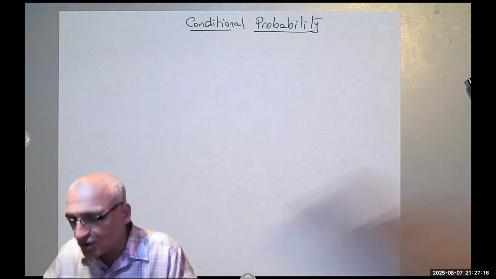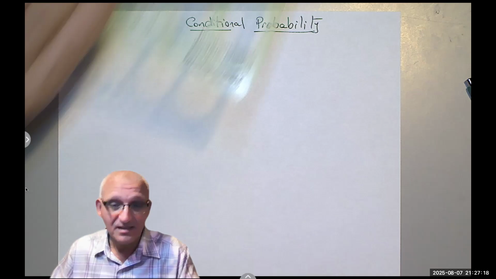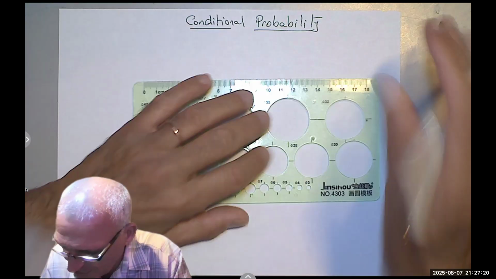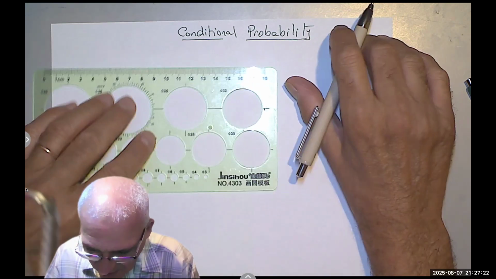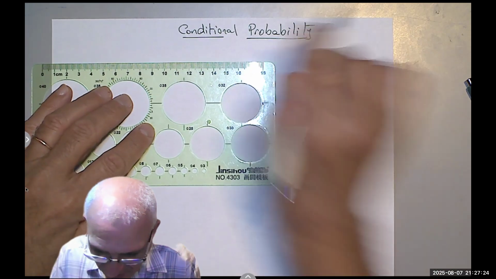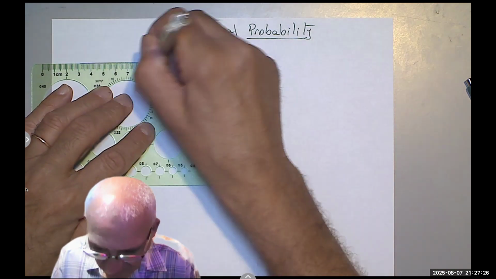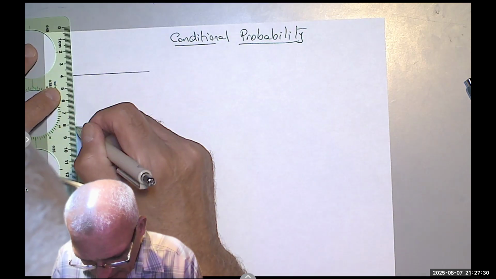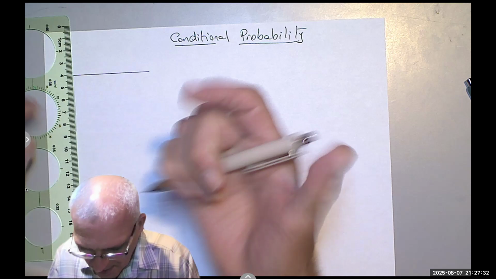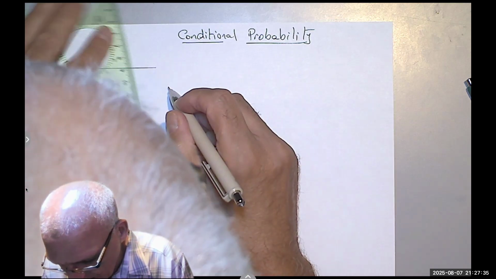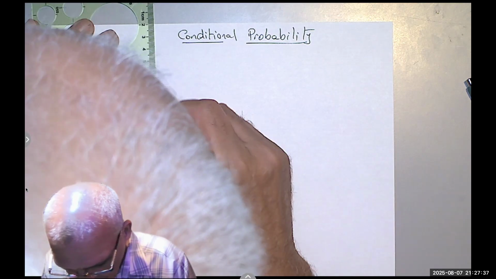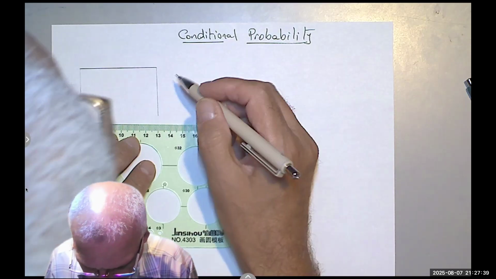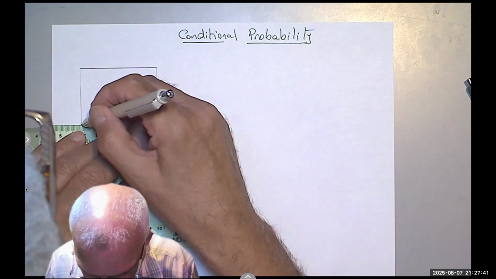Now, let's check a very simple case. I'm going to give you two cases. In the first case, let me draw it on the left. I have my sample space, and my sample space contains only two events, and they are mutually exclusive.